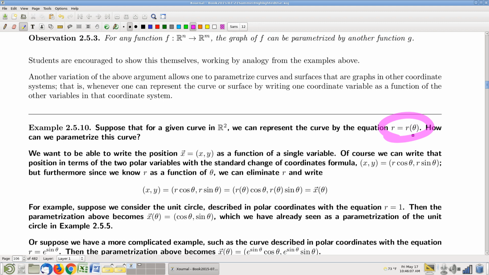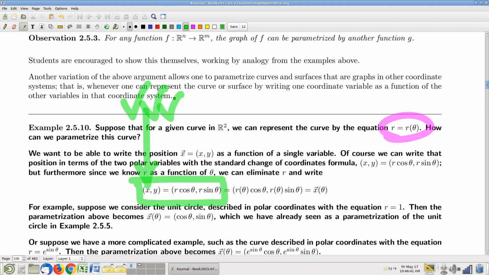So it's not a rectangular graph, but nevertheless, a circle does allow me to view one of the polar variables as a function of the other polar variable. And the observation then is, again, you can just plug this in as needed. Now, the one extra step is you do have to recognize that because we want to parameterize, I do want to find rectangular coordinates, x and y. Don't forget to make that step. I do need x and y. Those are therefore r cosine theta and r sine theta.